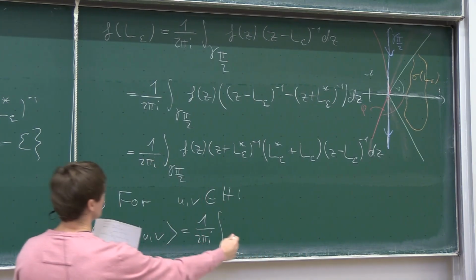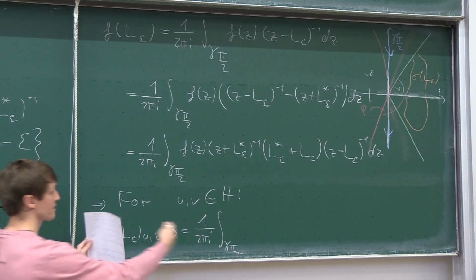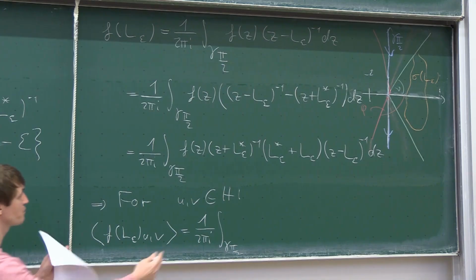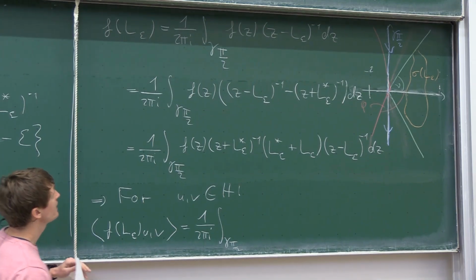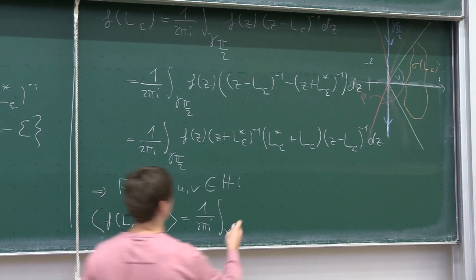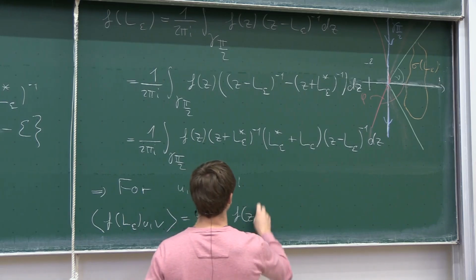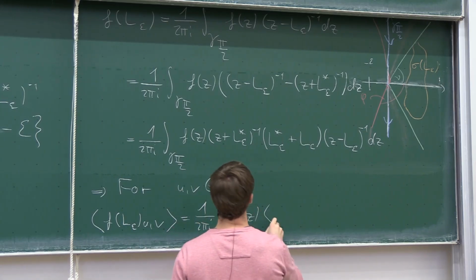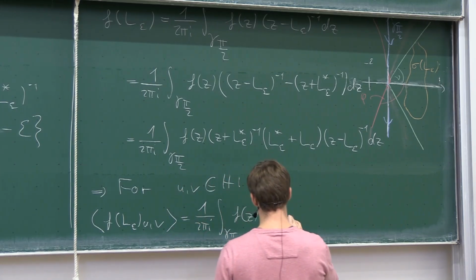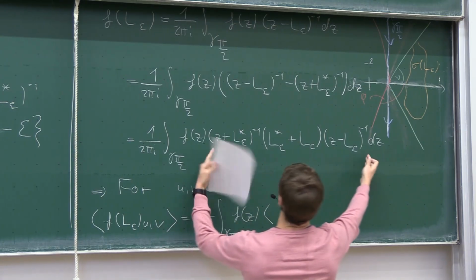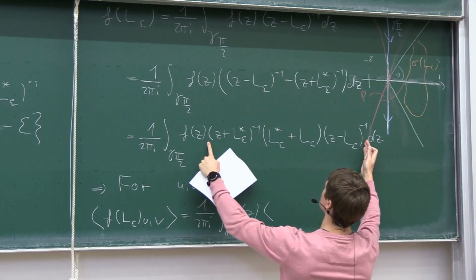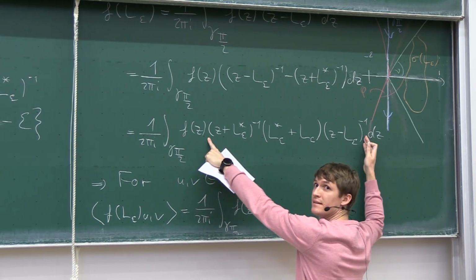And then because the inner product is a continuous operator, we can pull it into the integral and take out f of z, for example, because it's just a scalar. And we have here the inner product of this operator applied to u, and we multiply it by v.